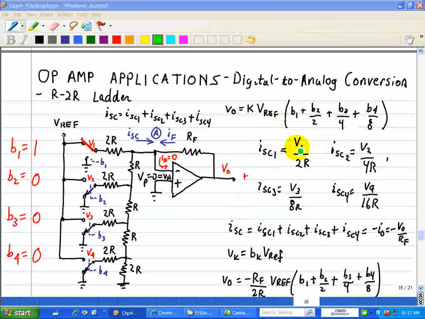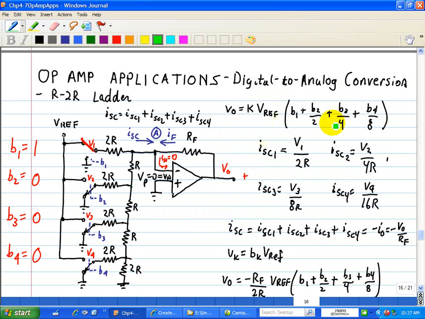So once again, in summary, we have our V output of this digital to analog converter described in terms of the binary inputs B1, B2, B3, B4 that are weighted by respectively 1, 2, 4, and 8, multiplied by some constant K. In this case, the K is negative RF over 2R for this R-2R ladder network.